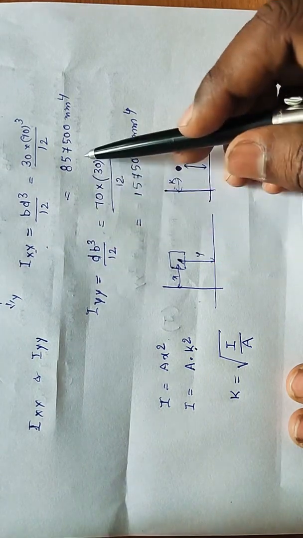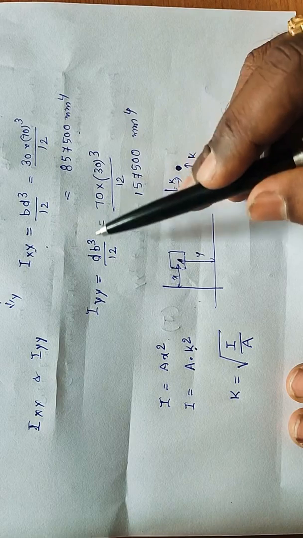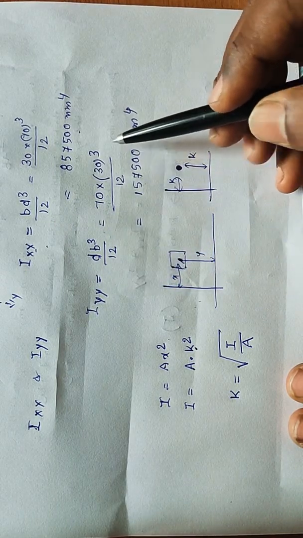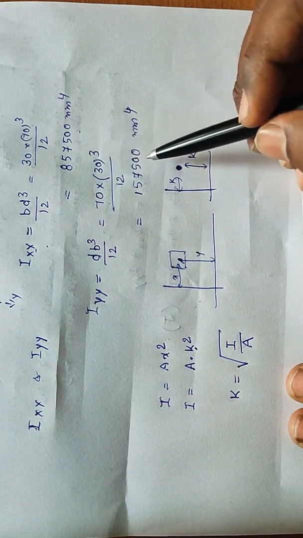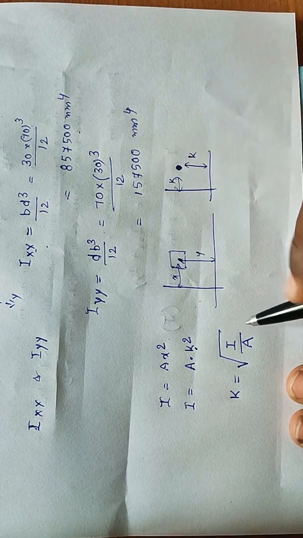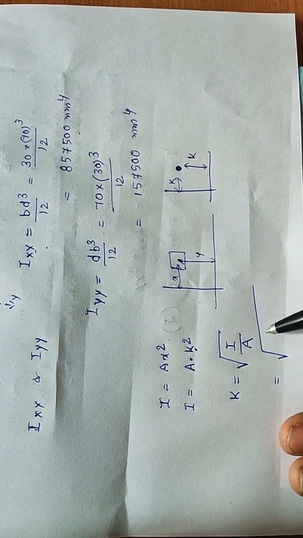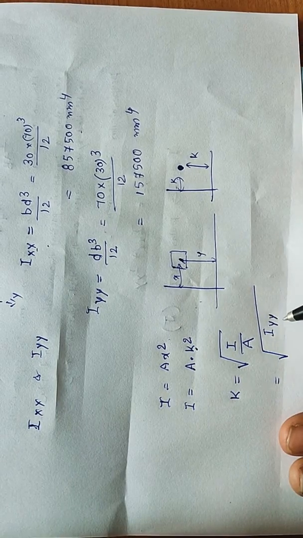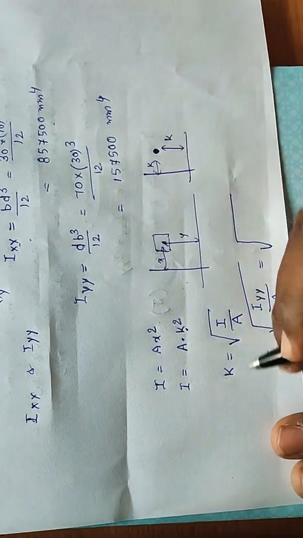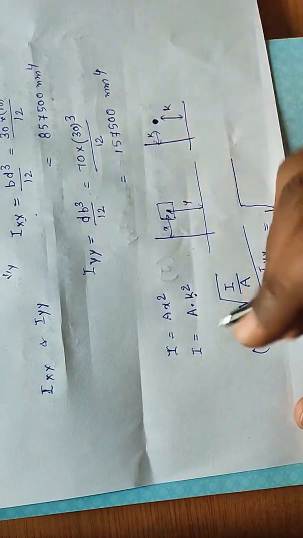The moment of inertia about the x-axis is 8,57,500 and about the y-axis is 1,57,500. Between these two, Iyy is less, so this is the least value. So k equals under root of Iyy by A, the least radius of gyration.